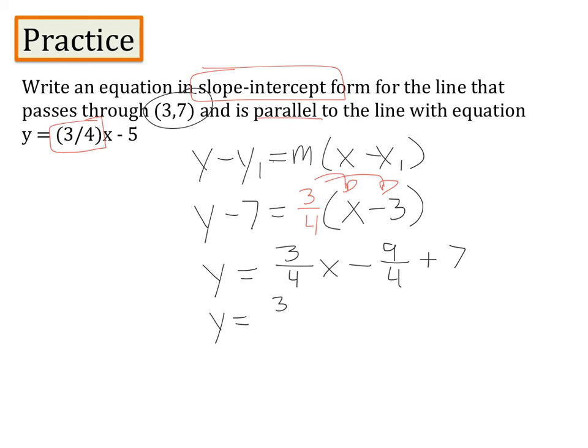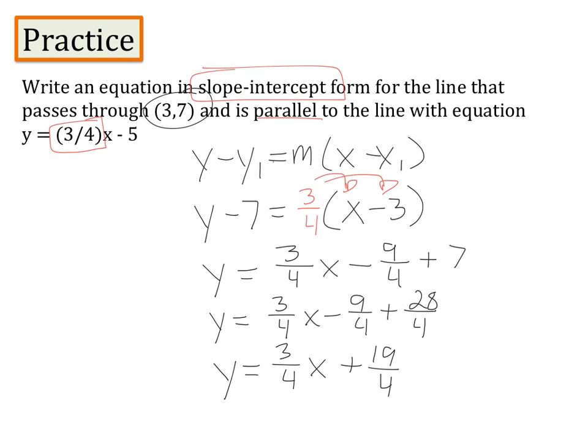So I'll have y equals 3/4 x minus 9/4 plus, okay, I want a 4 in the denominator, so 7 times 4 will give me 28. So then I simplify, and I have y equals 3/4 x plus 19 over 4. So now I have an equation with a slope of 3/4 with a y-intercept of 19 over 4.